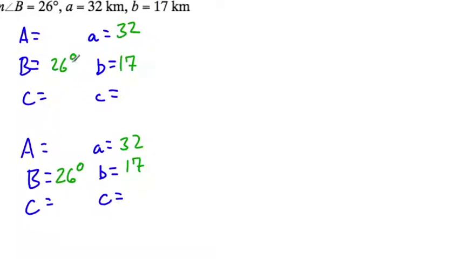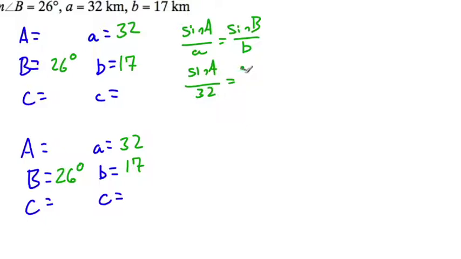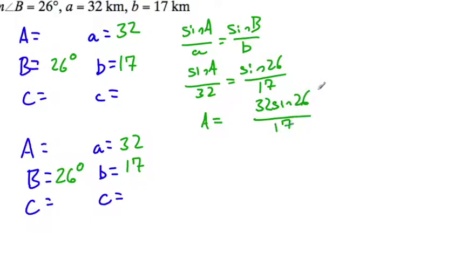And so because I have both B's and one A, I'm going to first find what angle A is. So I set up sine of A over A equals sine of B over B. So that means that sine of A over 32 equals sine of 26 over 17. If I multiply both sides by 32, I'm going to have 32 sine 26 over 17.